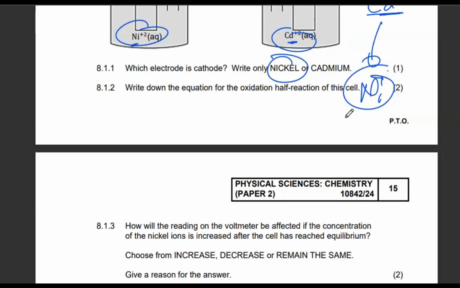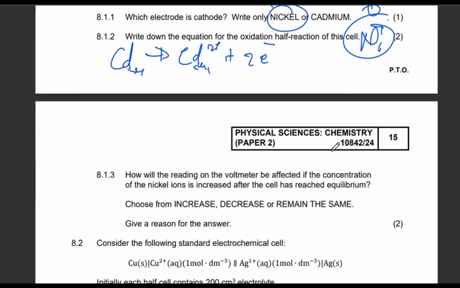If you are looking for the oxidation half reaction, since we said that nickel is reduced, what's going to happen is at the cadmium. It's going to give you cadmium 2+ ions plus 2 electrons. So cadmium is a solid and the ion is aqueous.